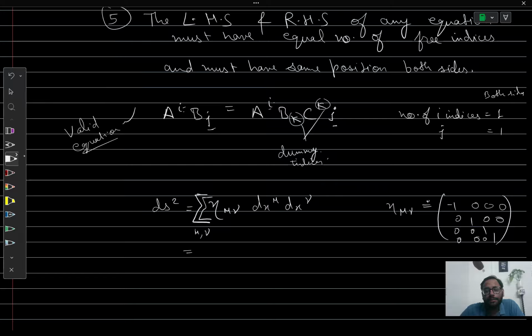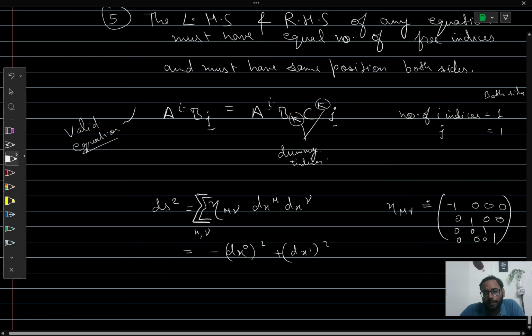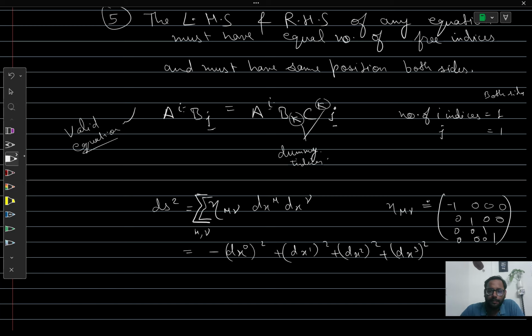So you can rewrite this as minus dx0 squared plus dx1 squared plus dx2 squared plus dx3 squared, where you can consider x0 is ct.